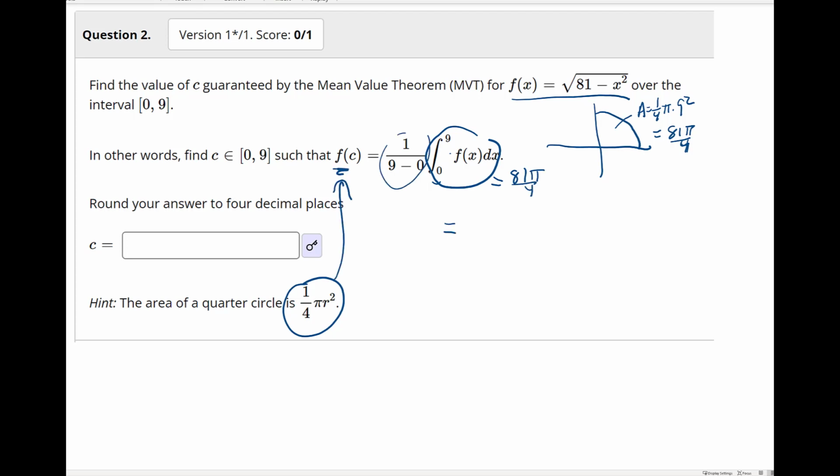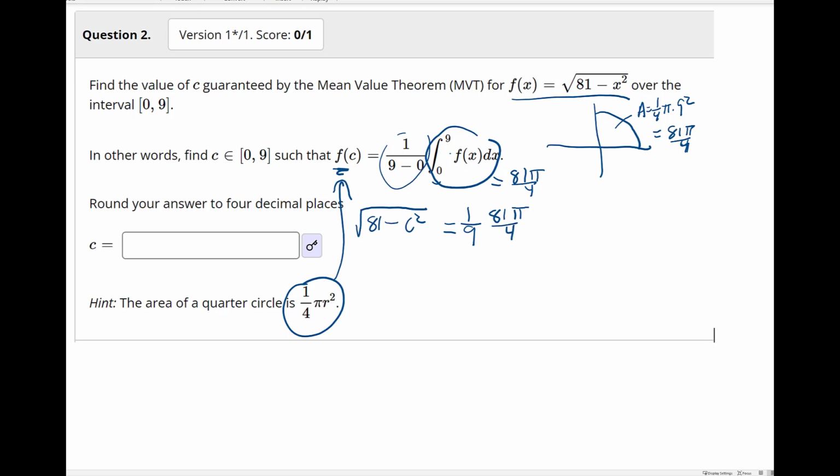So our f of c is just going to be this function, the square root of 81 minus x squared, and we put a c in place of the x. So the square root of 81 minus c squared is equal to 1 over 9 minus 0, which is 1 over 9, times the integral from 0 to 9 of f of x dx, which we found graphically to be 81 pi over 4.